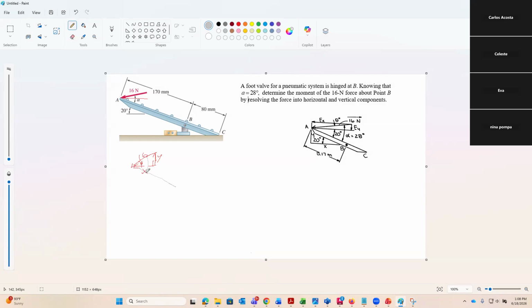So that whole thing is 28. All right. So we're going to have to name a new angle. This angle right here, call it theta. So theta equals alpha minus 20. Or how do we know what that is?